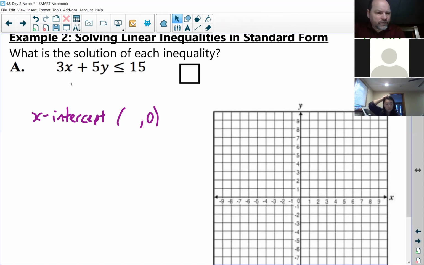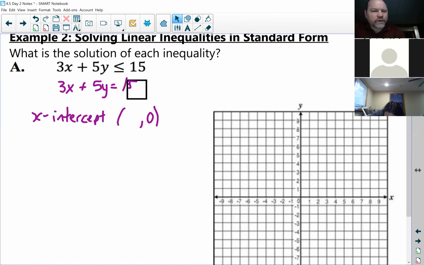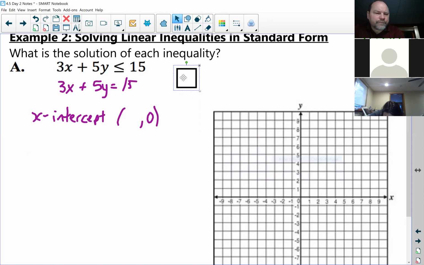What I'm going to do is first think of this as 3x plus 5y equals 15 to find my intercepts, and then I go back to the inequality to check for my shading.